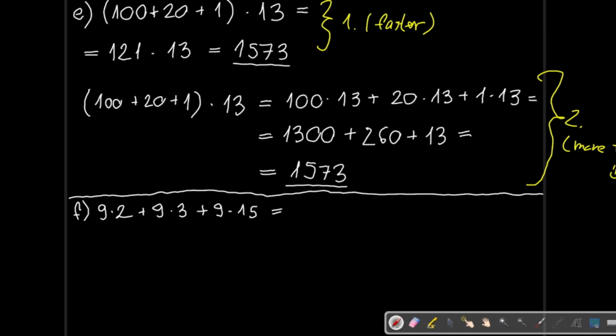So the first way is just doing these multiplications. So we need to do 3 multiplications. We have 9 times 2, 18, plus 9 times 3, which is 27, plus 9 times 15, which is 120.